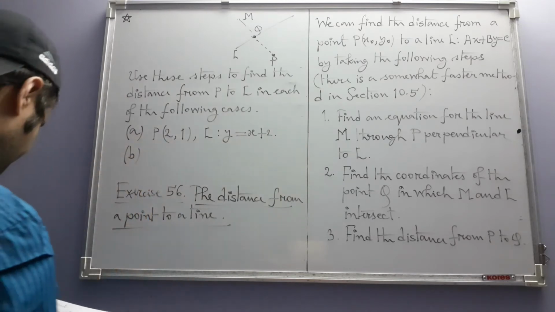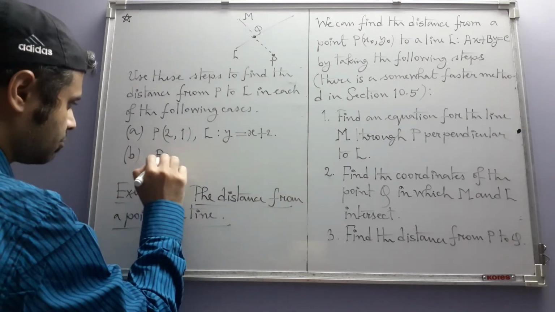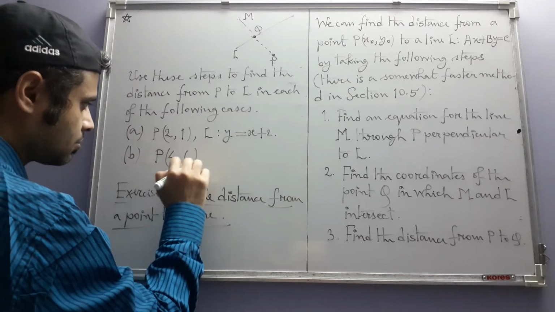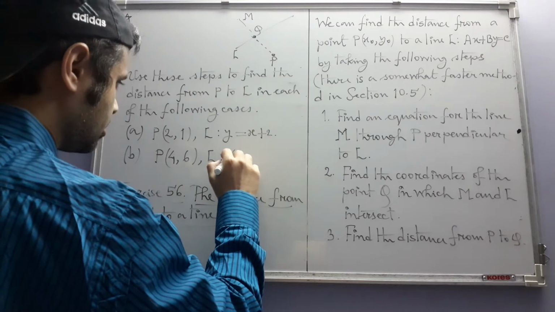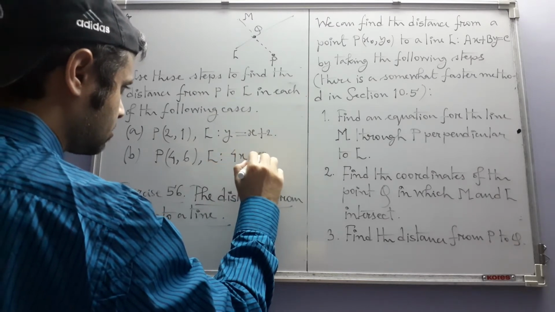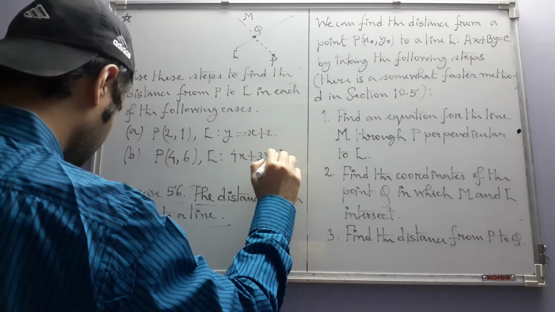Part B, P is the point 4, 6 and L is the line 4x plus 3y equal to 12.